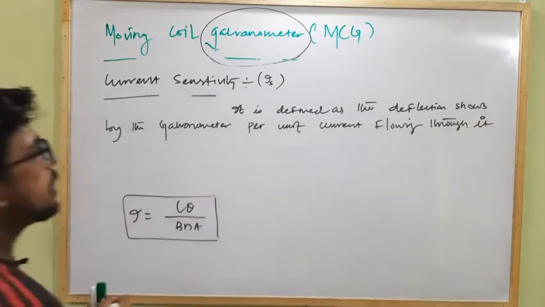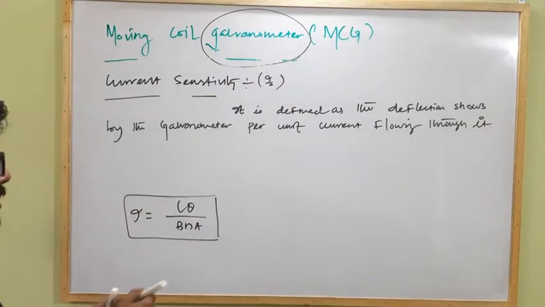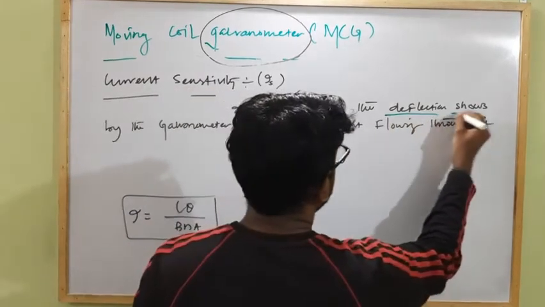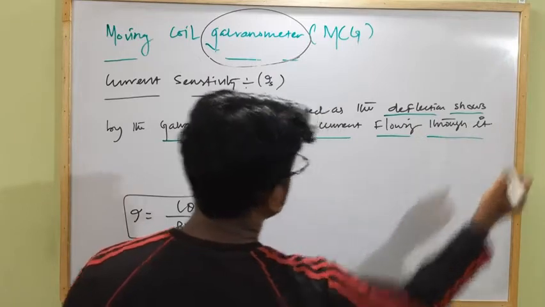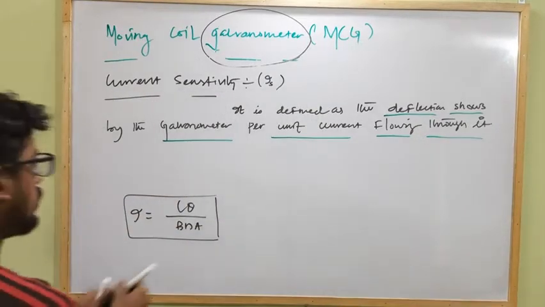Okay, it is defined as what? The deflection shown by the galvanometer per unit current flowing through it. Clear?